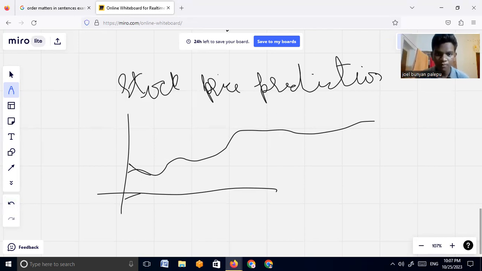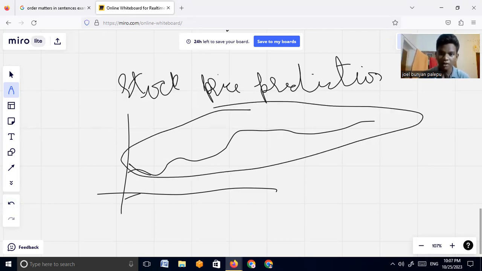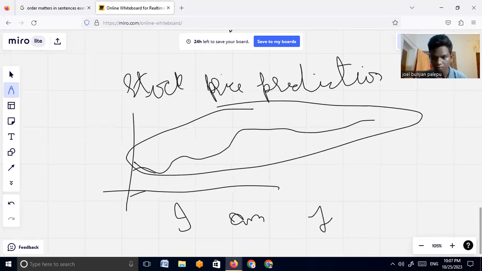So this is the stock data, and language, for example, "I am Joel." Both of these are pretty similar, right? These are called sequential data.